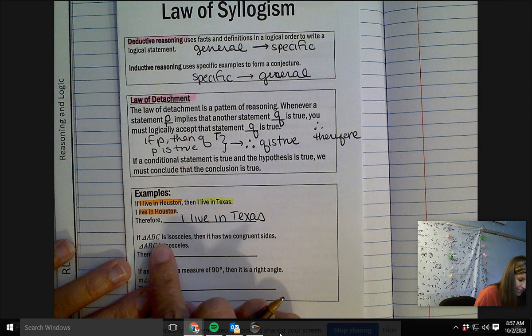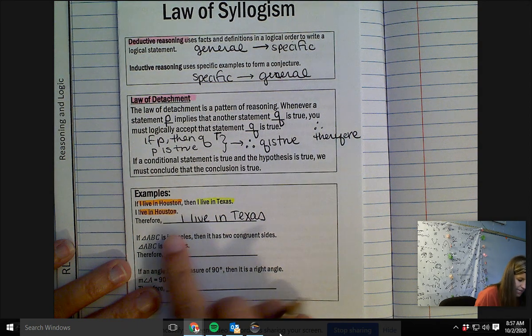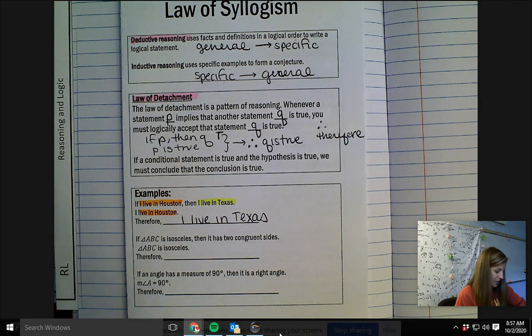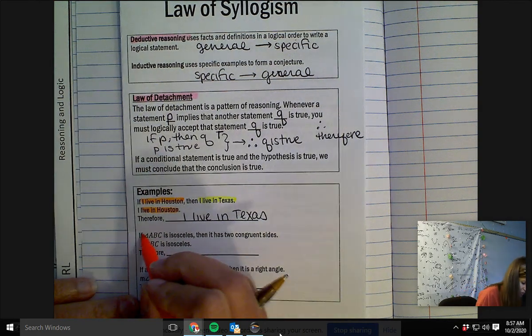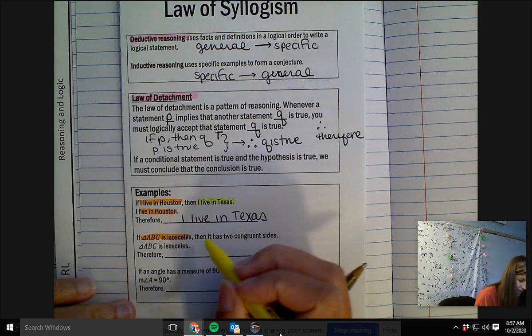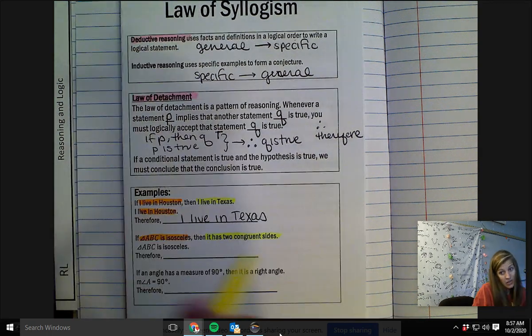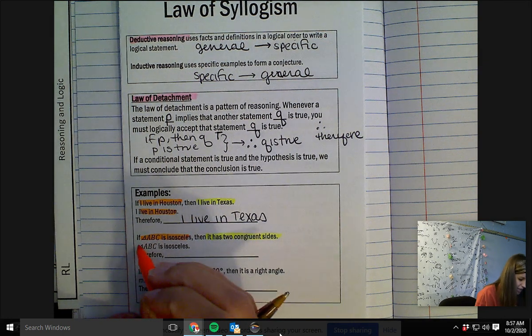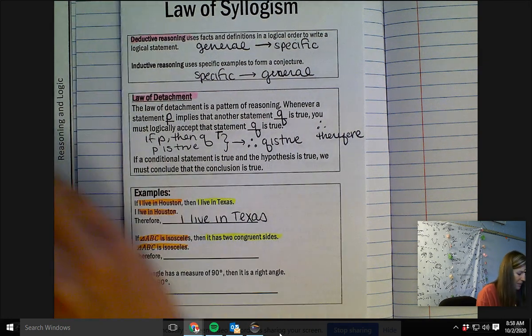If triangle ABC is isosceles, then it has two congruent sides. So we have our hypothesis here, that some triangle is isosceles. Our conclusion is that it has two congruent sides. And then it's repeated that triangle ABC is isosceles.